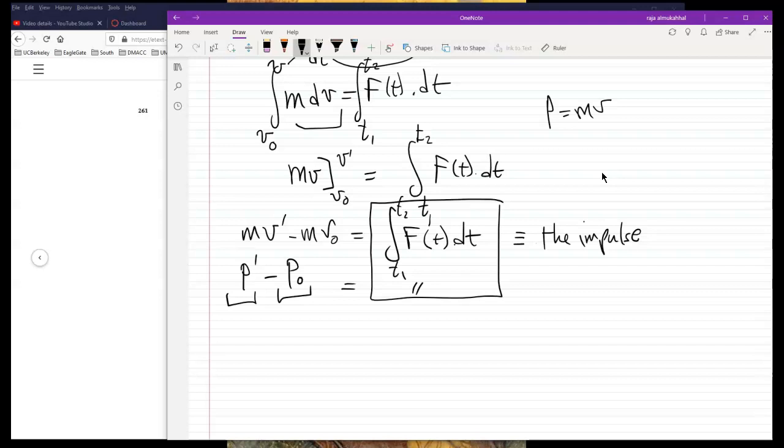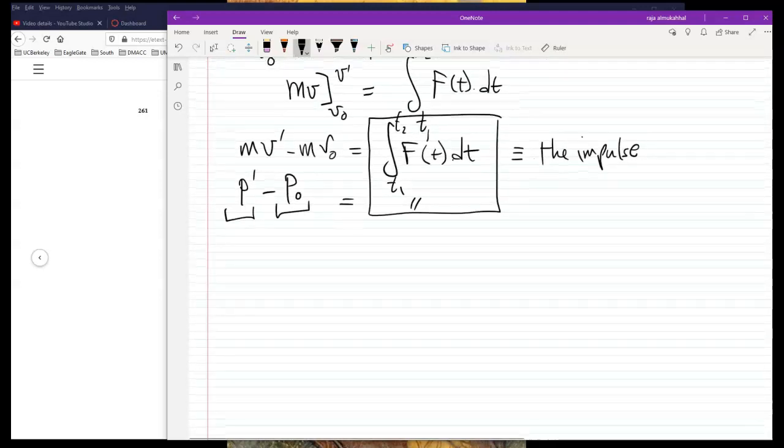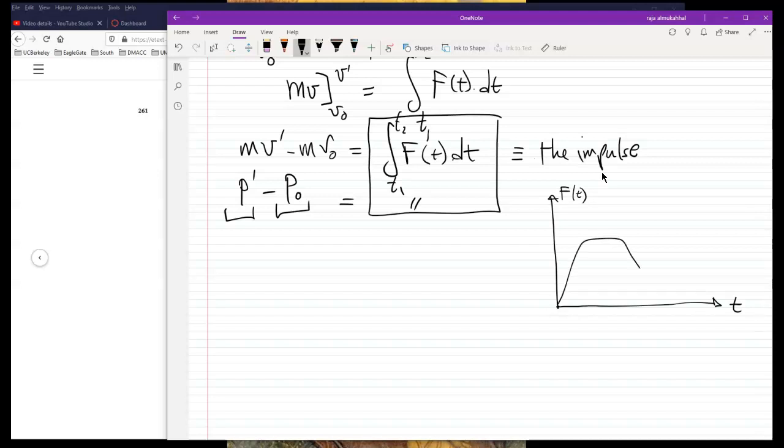Now, also, as you know from your calculus courses, if this is the t-axis and this is the F of t axis, and I have something like this, this is the function F of t.